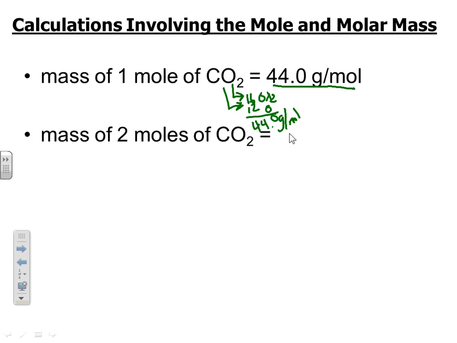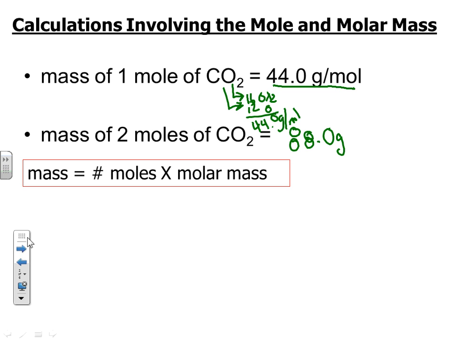And Amy would say, 88 grams. Excellent. And that's correct. 2 moles would be 88.0 grams. So if I want to figure out different masses, all I have to do is multiply the number of moles by the molar mass.